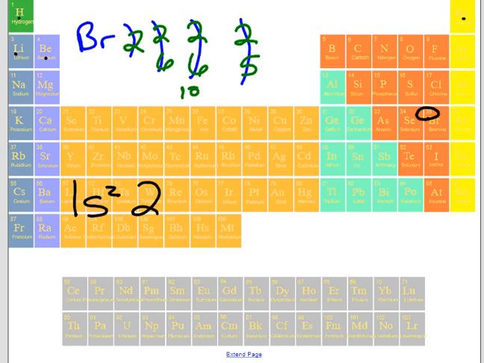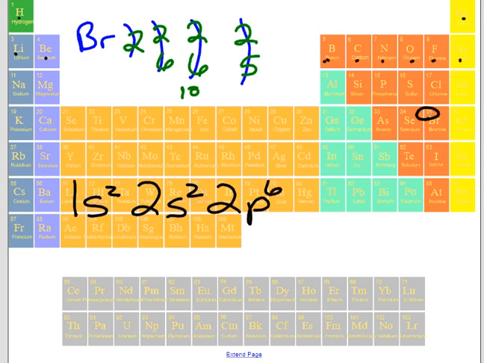Energy level 2, sublevel S, there are 2 squares. Going across to number 5, we're still in the second period, so we're still in energy level 2, but this is sublevel P, and there are 6 electrons.